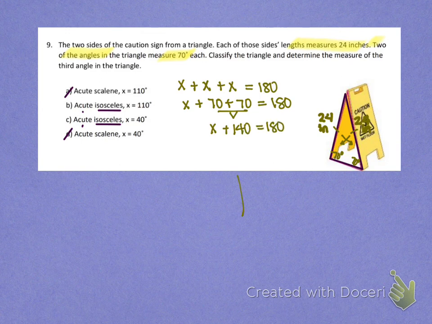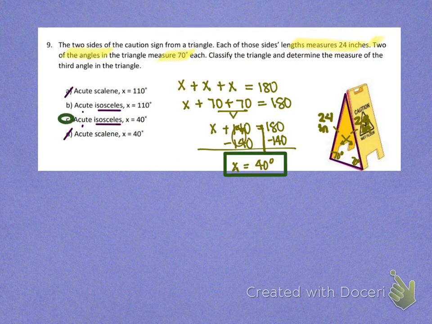And then I solve my one-step equation by drawing my line in inverse operation. 140 subtracted on both sides. And x equals 180 minus 140, which is 40 degrees. Perfect. Okay, so you guys have this is 9. You have 10 left to do, and then once you have finished, you need to make sure that you submit this on Canvas.